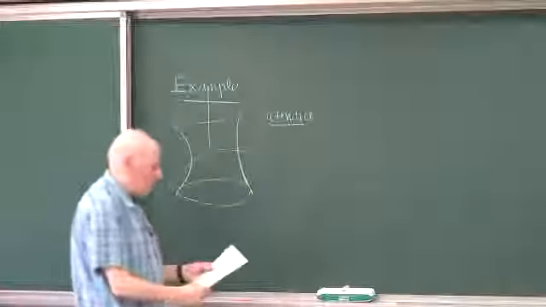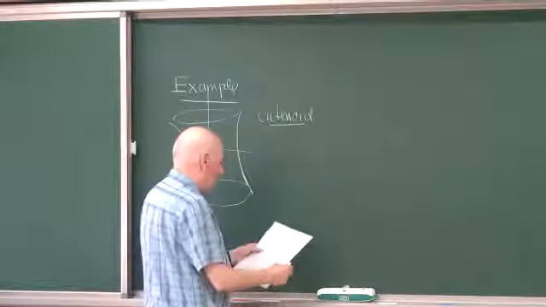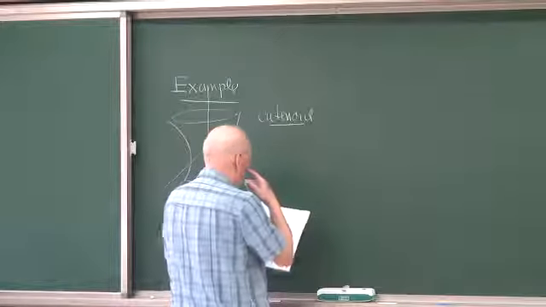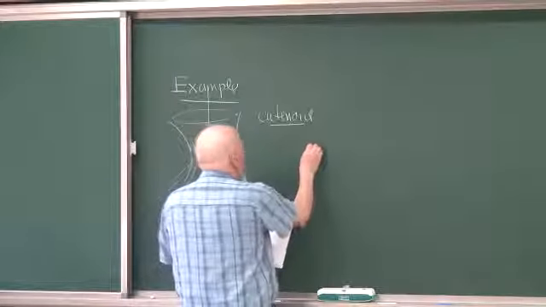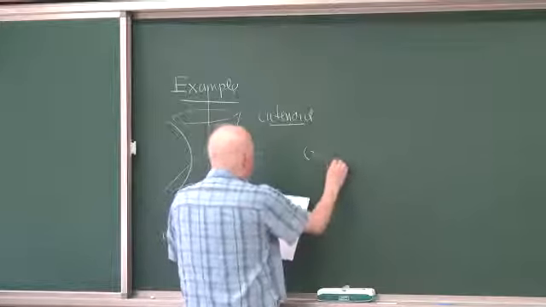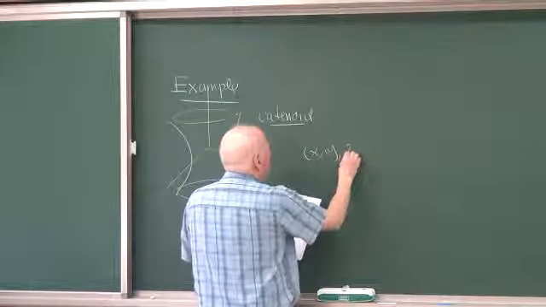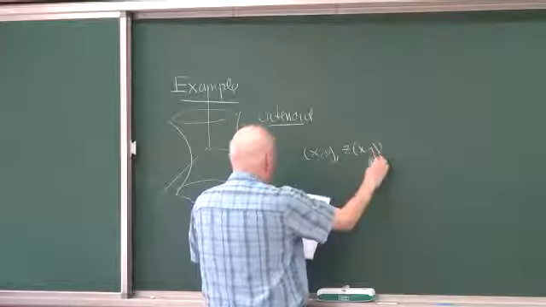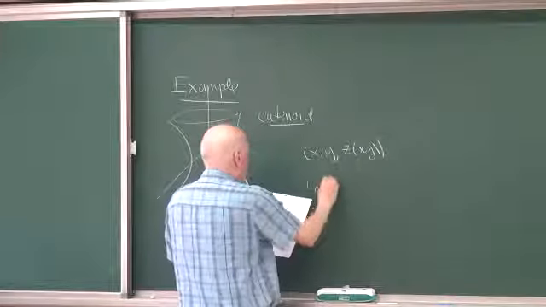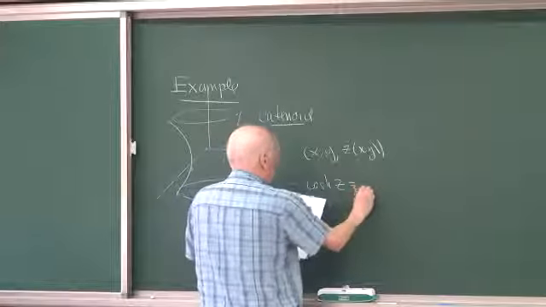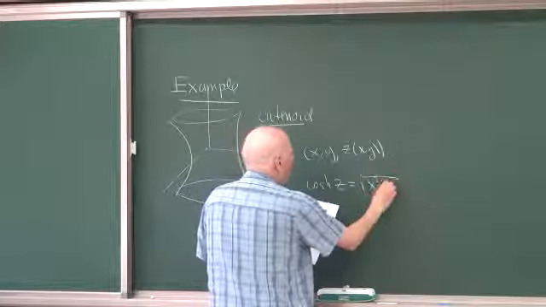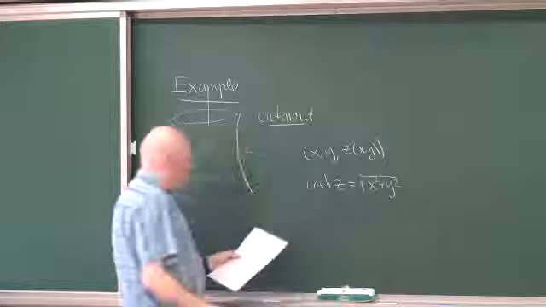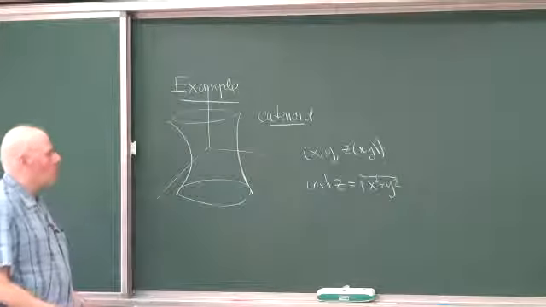Okay, so if I write it down, the graph would be (x, y, z(x, y)), where hyperbolic cosine of z equals the square root of x squared plus y squared.